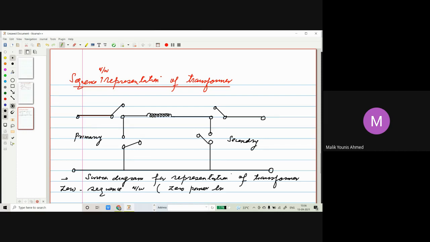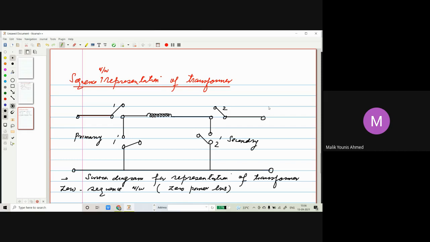So this switch we call 1, and this we call 2, this we call 1 dash, this we call 2 dash. These 1 and 1 dash are primary switches.